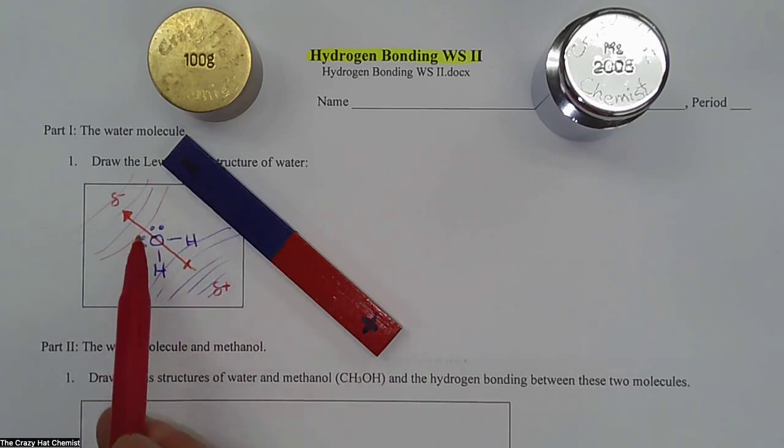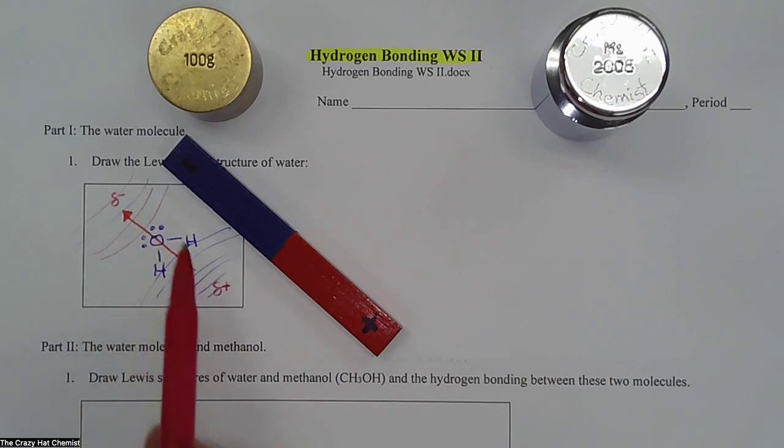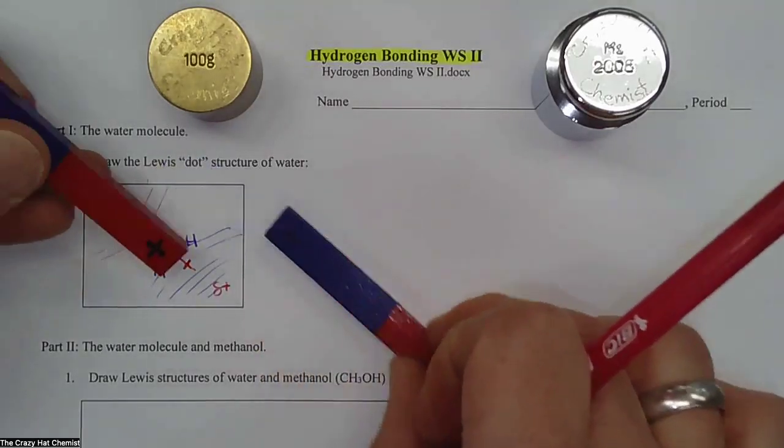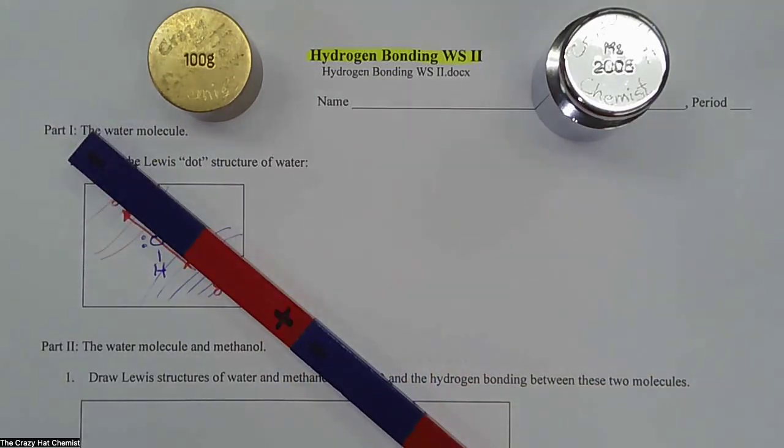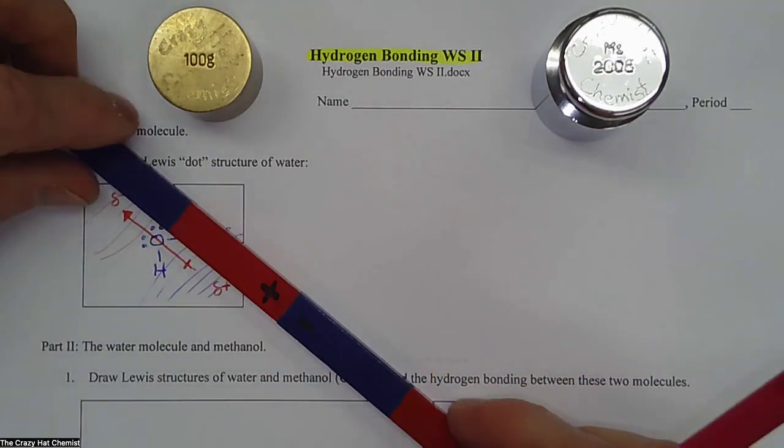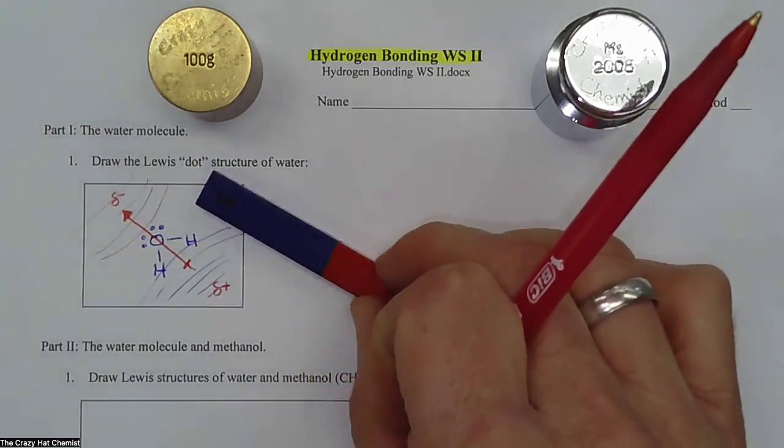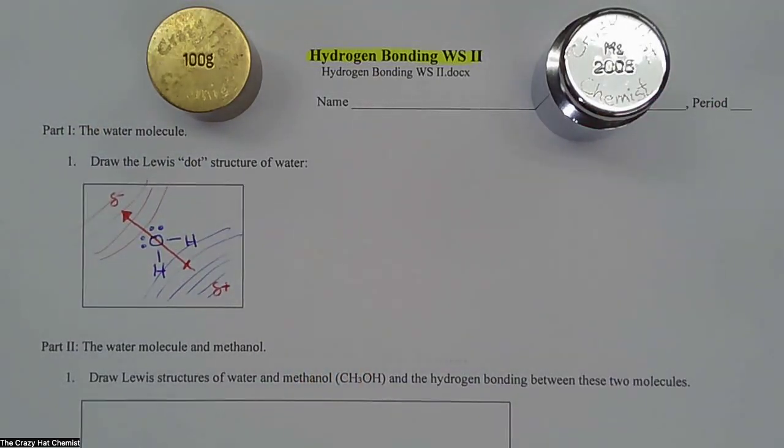This is the negative end of the molecule of water, and this is the positive end of the molecule of water. So it's just like a magnet. That means that the water molecules will align themselves just like bar magnets and electrostatically attract to one another just like these bar magnets are. Okay, fantastic.